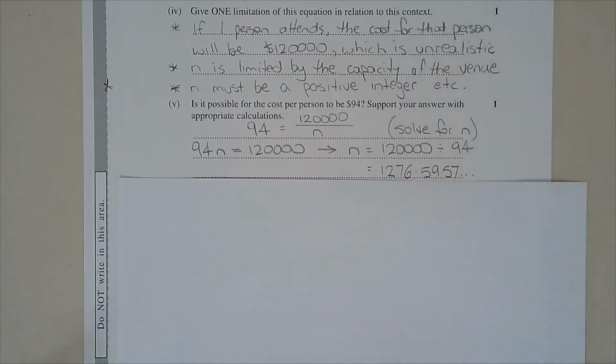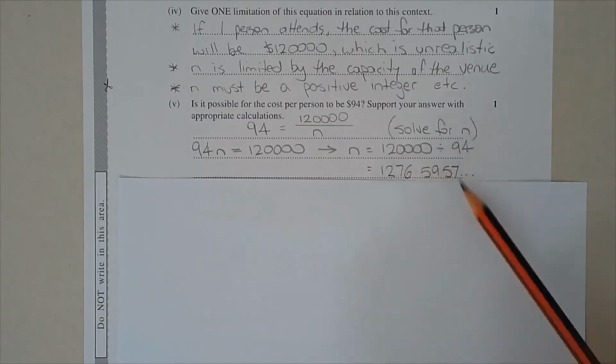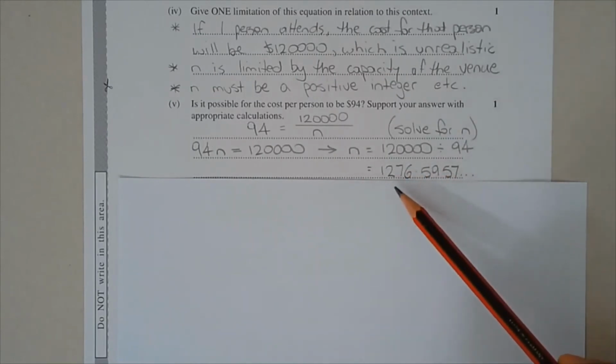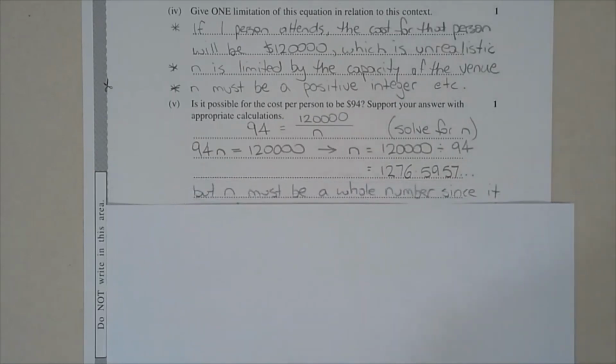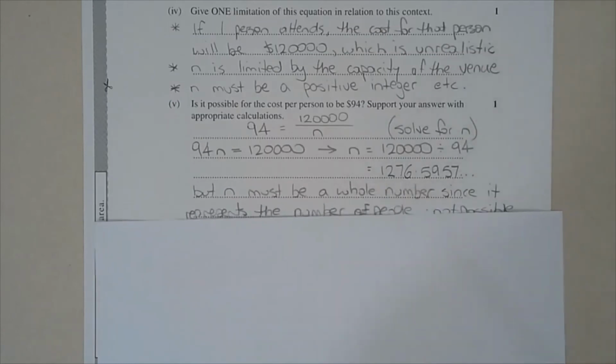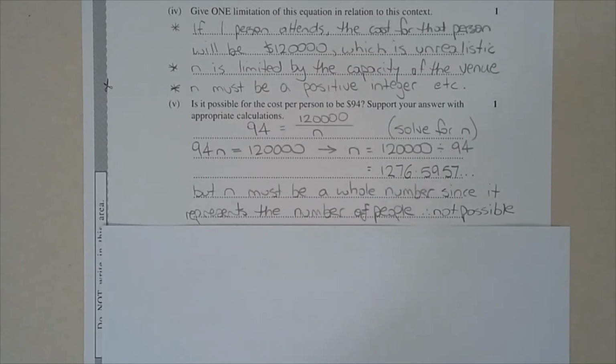But we've seen before that N represents the number of people. So it does not make sense to have 1,276.5957 people attending. So N must be a whole number or a positive integer since it represents the number of people. So therefore, it is not possible to have a cost per person of $94.